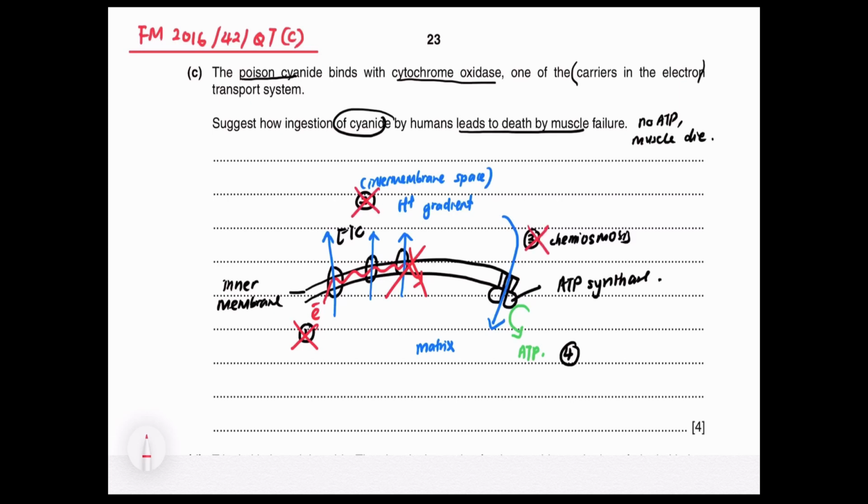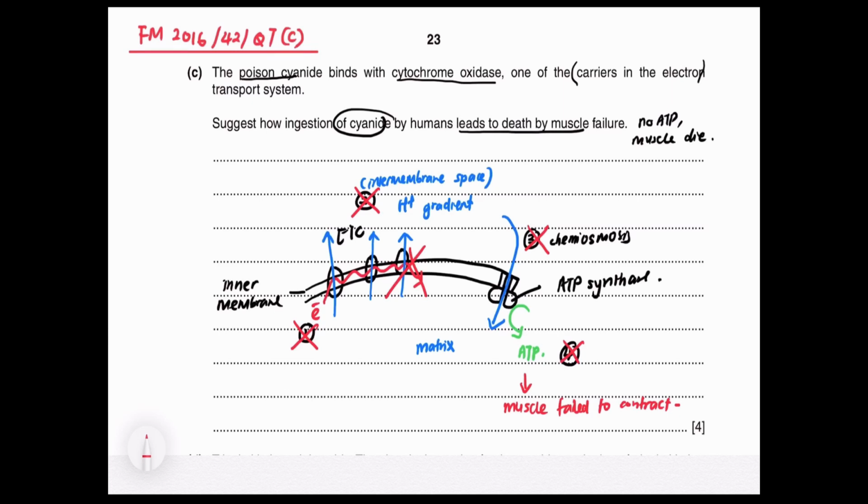Step 3, no proton flow through the ATP synthase. Next, no ATP produced. When there's no ATP produced, muscle fails to contract. Therefore, it will lead to muscle death.